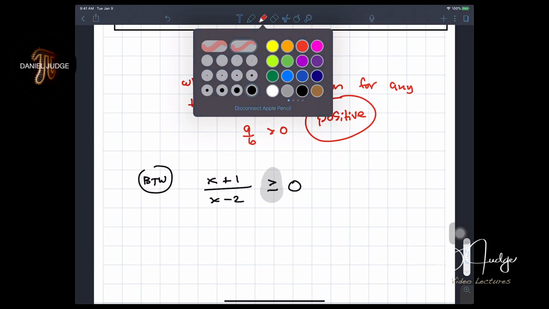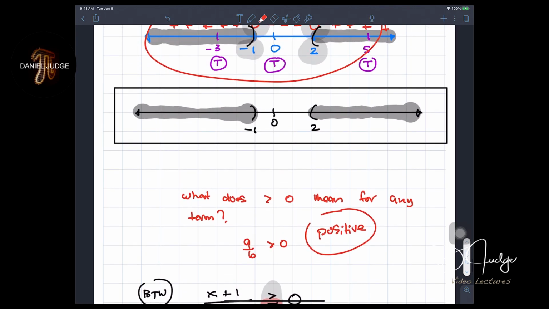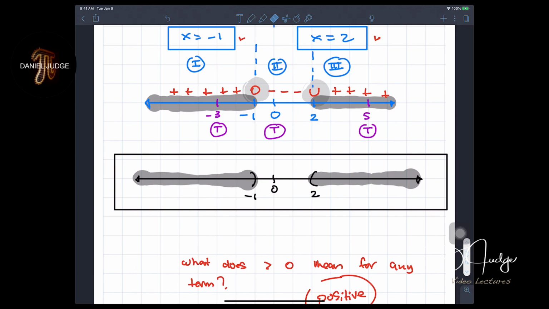That means you have that equal sign. So I'm going to go back again here. Here's what I'm looking at. You already know what part of the answer is. And what's going to change, ladies and gentlemen, is these endpoints. So where it's positive, we're already shading.